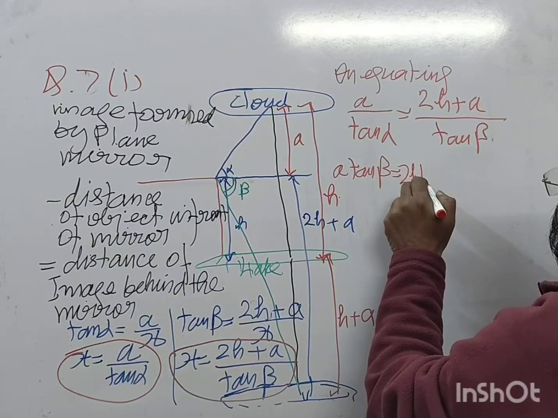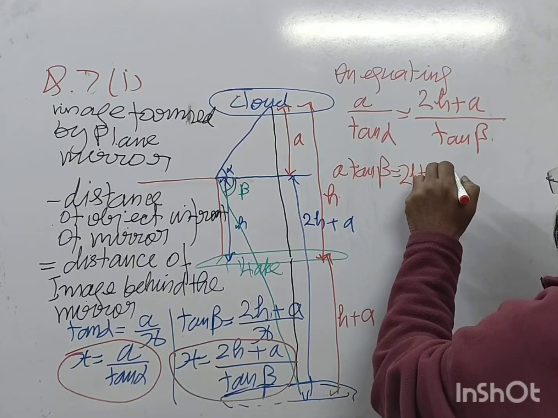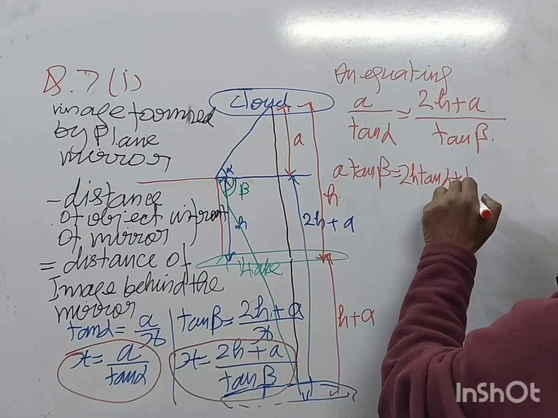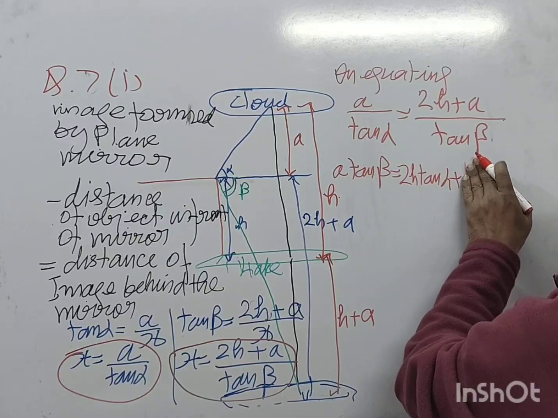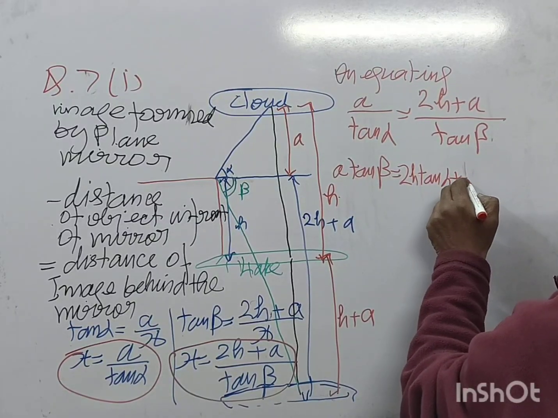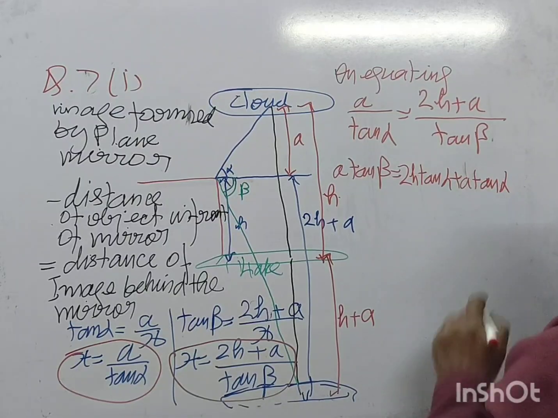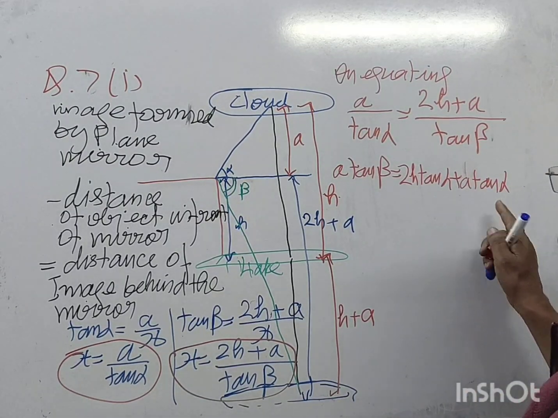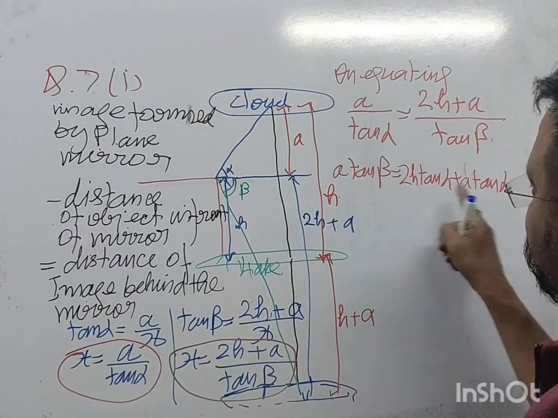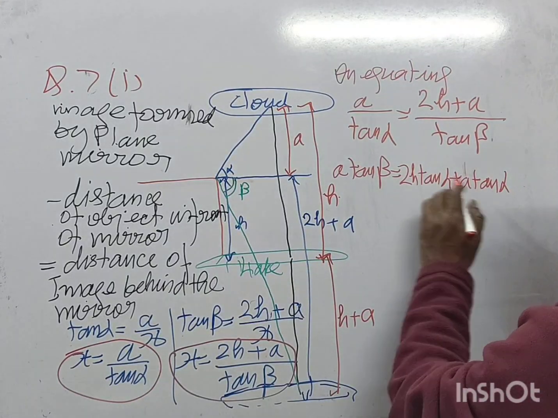2h tan alpha plus A tan alpha. Right? You bring this here. What happens?